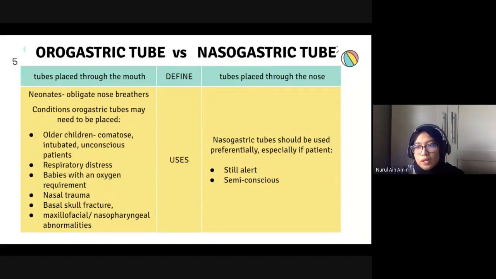And for orogastric tube, it's usually for older patients who are comatose, because in older patients, they sometimes can just pull it around or even bite the tube. That's why we usually use nasogastric tube if the patient is still alert.